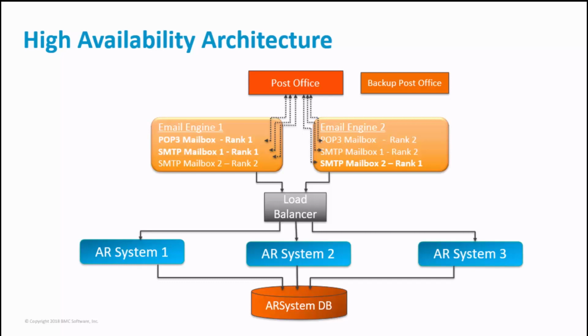I have them distributed so that email engine 1 is handling a POP3 incoming mailbox and my first SMTP outgoing mailbox, while email engine 2 is handling my second SMTP mailbox. You can see by the ranking that if either one of these email engines goes down, the other will handle all 3 mailboxes. So with this layout, I get distribution of my workload as well as high availability.